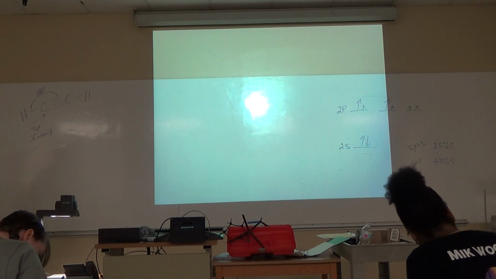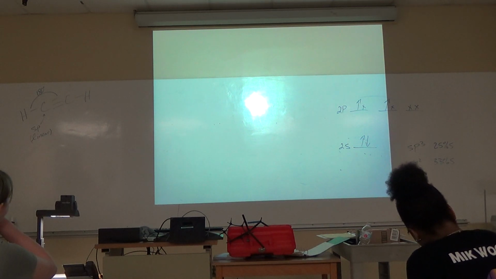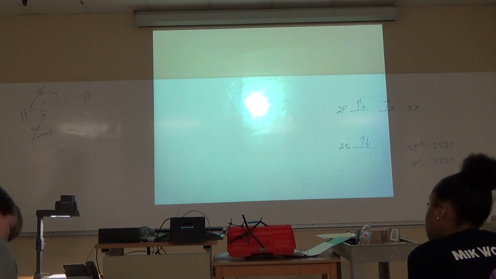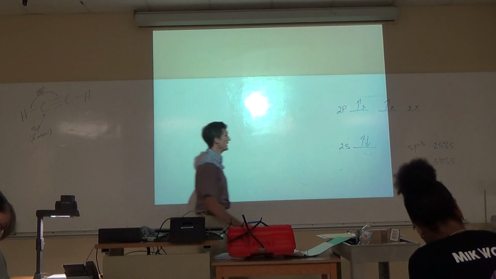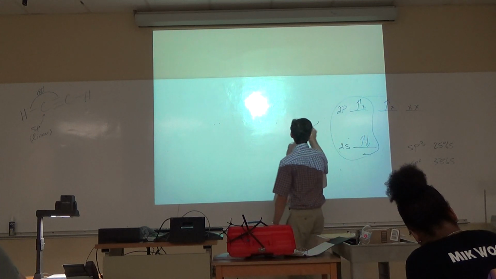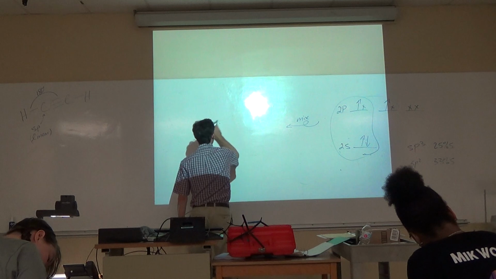Is that right? How do we get this? We need two regions here. How many hybrids do we need? Two. You need two hybrids. We're just going to put one S and one P into the blender. Mix them up. Okay.